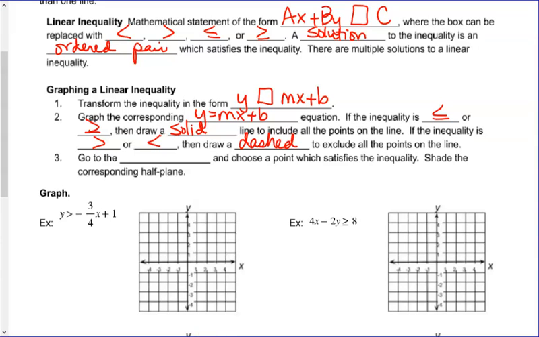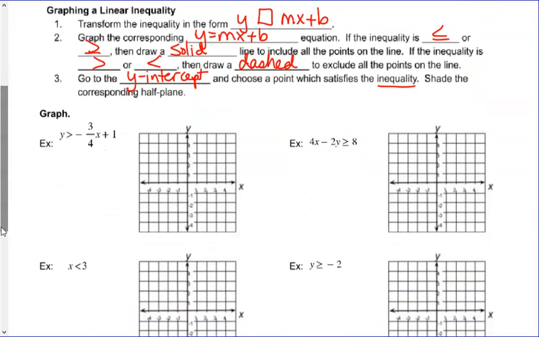If it's true, you shade the area where the point is. If it's false, you shade the other part. But this is what I like to do: I like to go to the y-intercept and choose a point which satisfies the inequality, and I'll do that by example in just a second. We want to shade the corresponding half plane, is what we call those, for that line, okay?